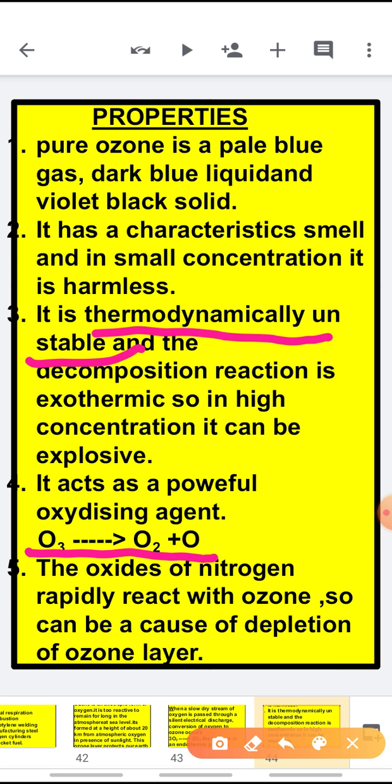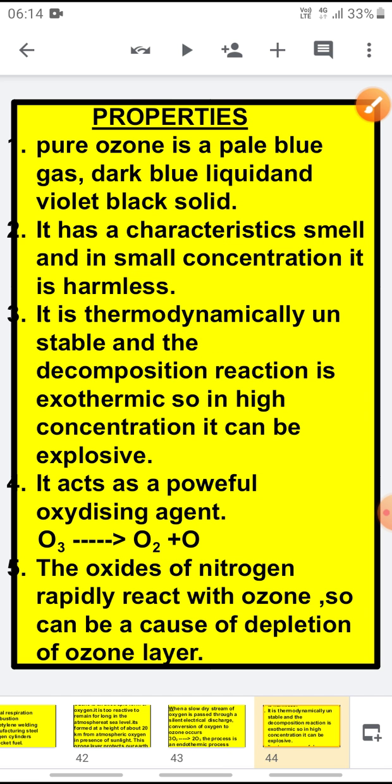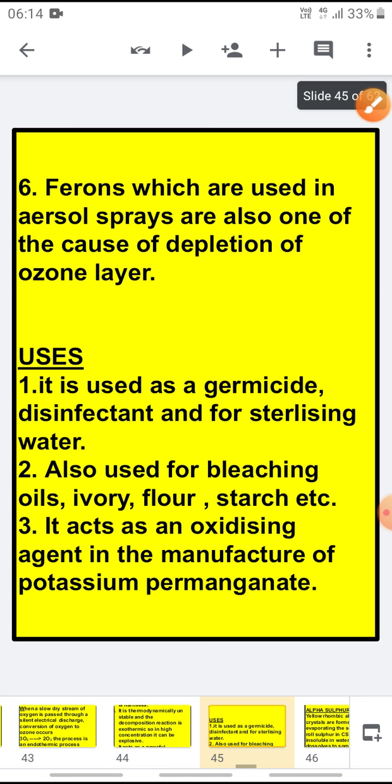So the flying of jet airplanes in the stratosphere is considered to be the main cause for the depletion of the ozone layer. Actually, one more thing, freon is also used in the aerosol sprays and others. I'm sorry. It is also considered as one of the causes for the depletion of the ozone layer.